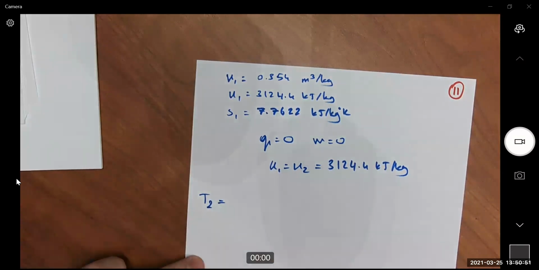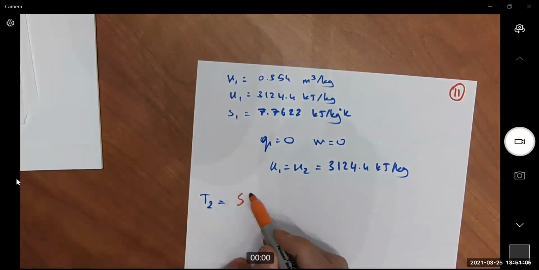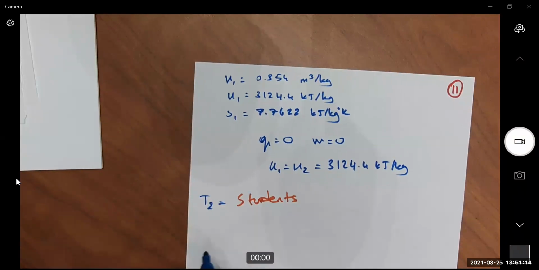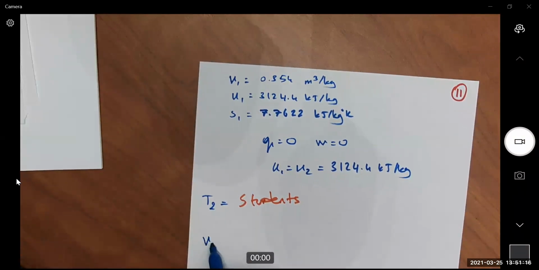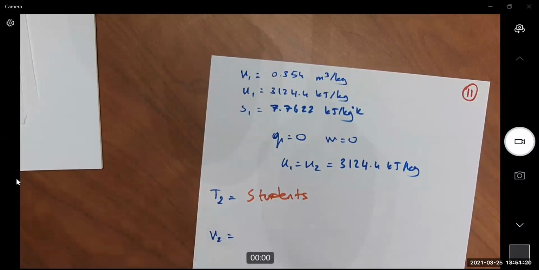It's superheated. I will leave to you the interpolation part. I will give you the final result, but try to find that final result by yourself. Specific volume, entropy. If you can't find it, let me know, I will explain.